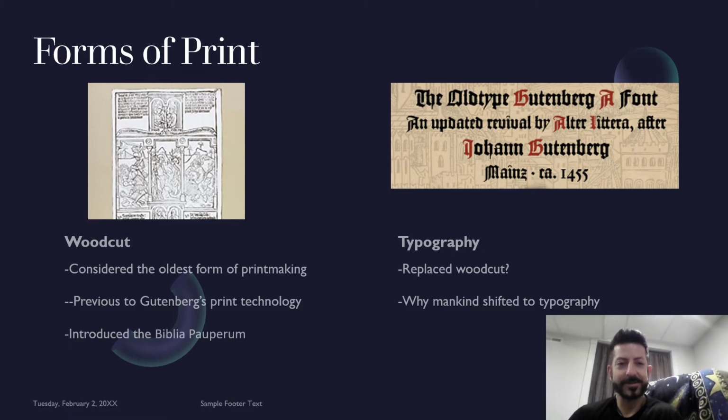So now we get into a real main feature of Chapter 16, and McLuhan goes into his thoughts, his telling, his information. He provides historical background to these forms of print, and one of them is woodcut. McLuhan identifies that before Gutenberg's printing technology, a great deal of printing on paper by woodcut was done.